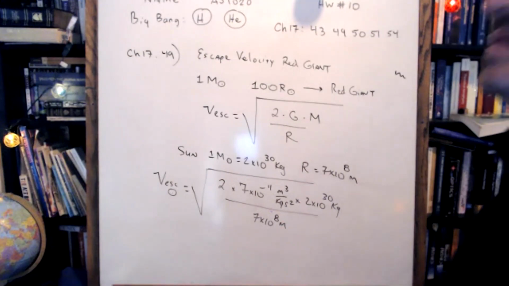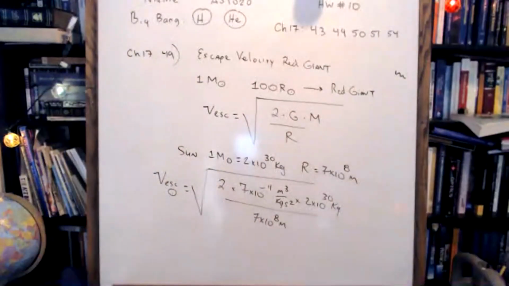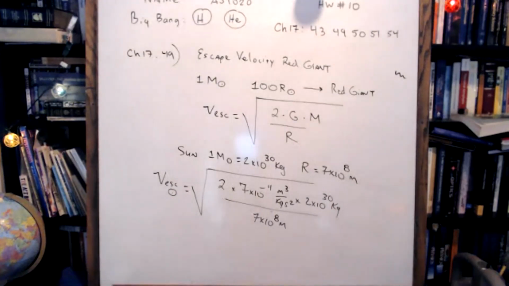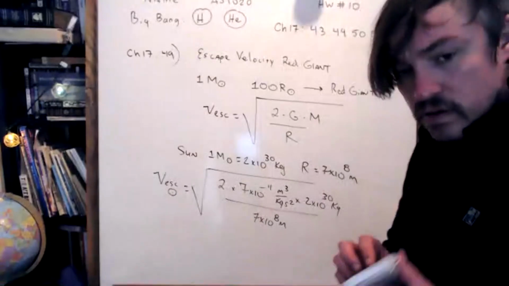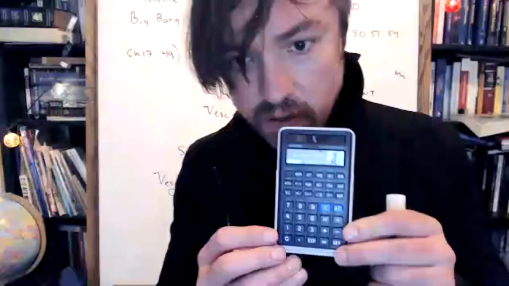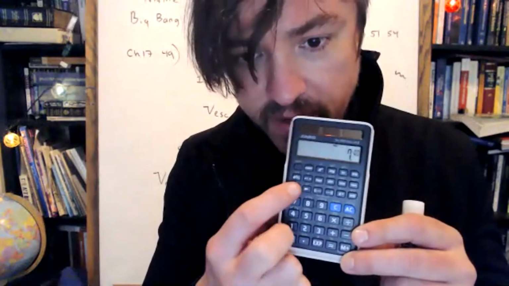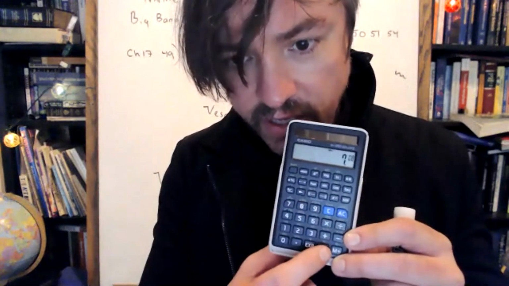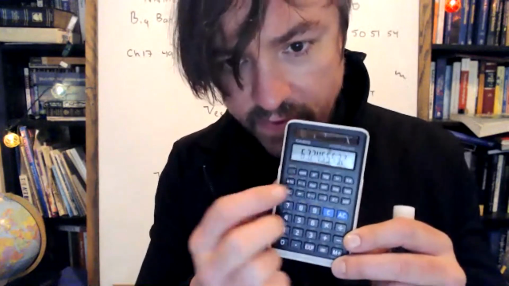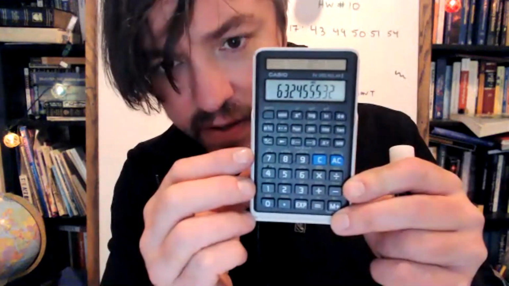Do I have to do this? No, wait, times 2. Okay. 2 times 7 exp minus 11 times 2 exp 30 divided by 7 exp 8, equals, square root thereof.